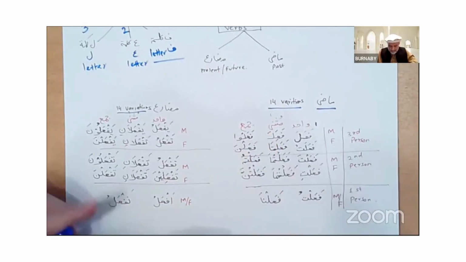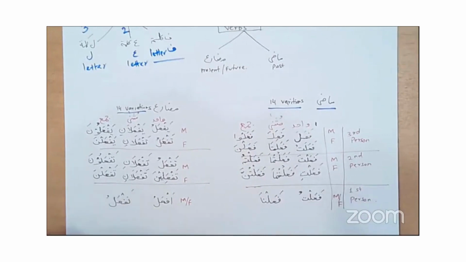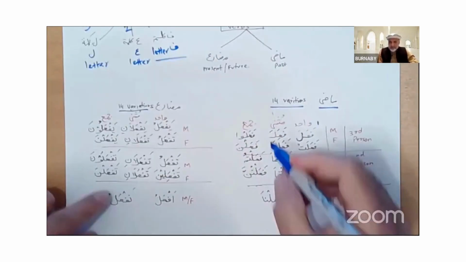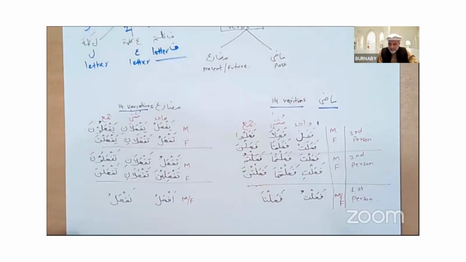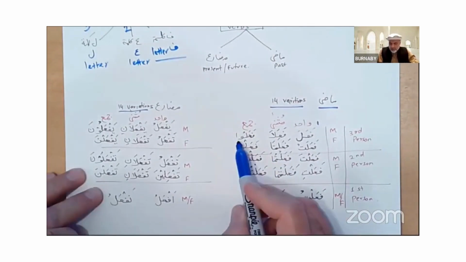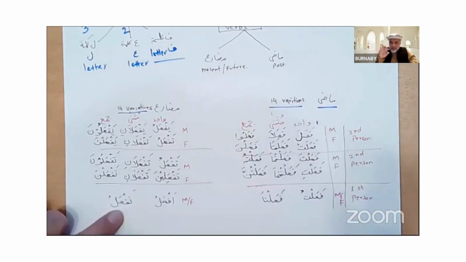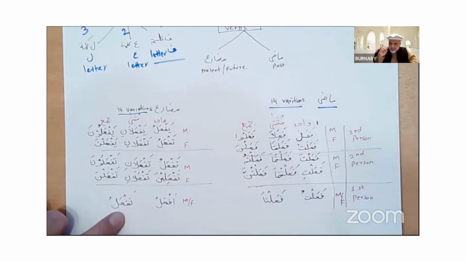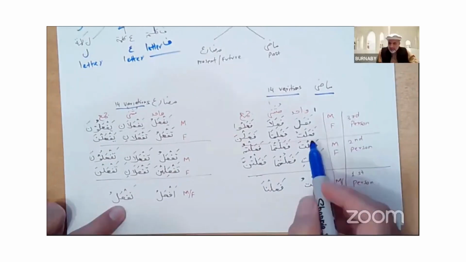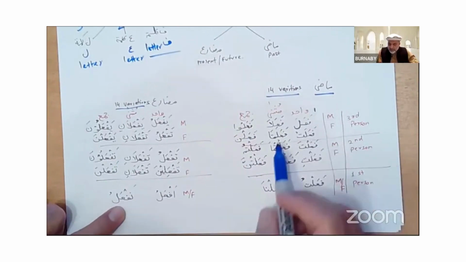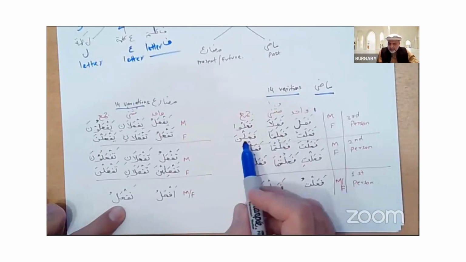He did. Now, when it's Madi, we are talking about something that happened in the past. Fa'ala, fa'ala, they two male did. Fa'alu, all the male did, all more than two male did. For the female, it was fa'alat, fa'alata, fa'alna.